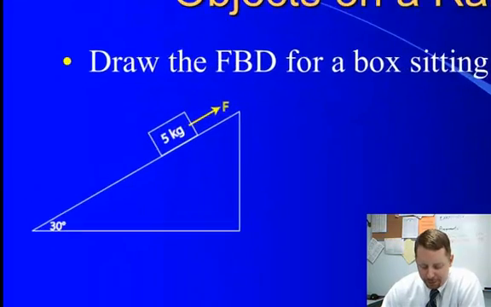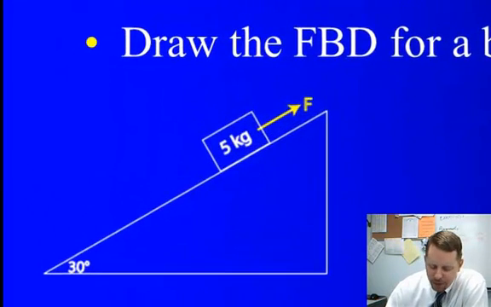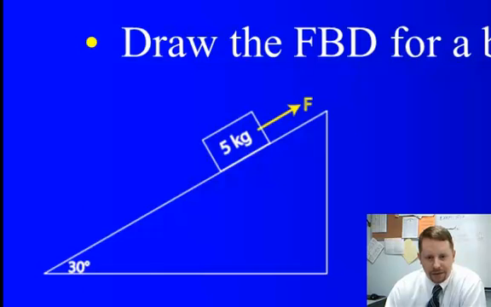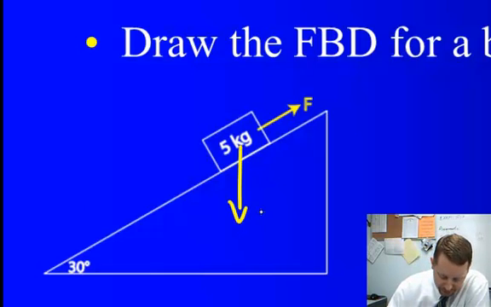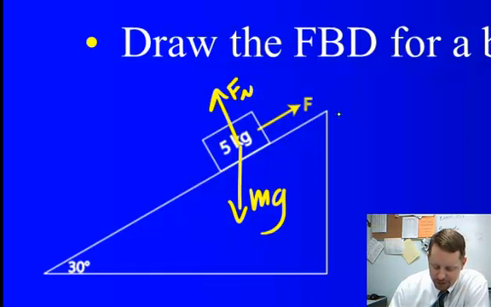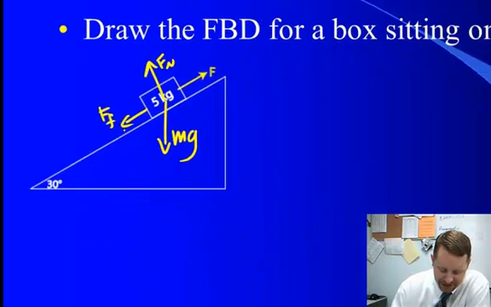Another box on a ramp problem. If we wanted to draw the free body diagram for this situation, we know we must have weight down, normal force coming out of the ramp. There's some force already pulling it up the ramp, so we must have a force of friction which opposes that down the ramp.